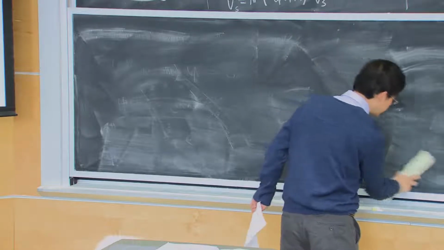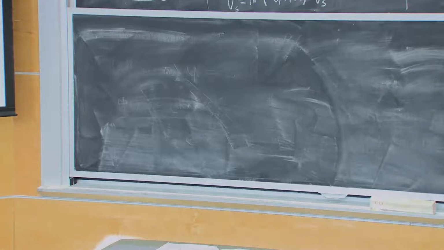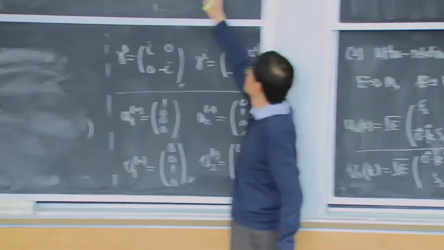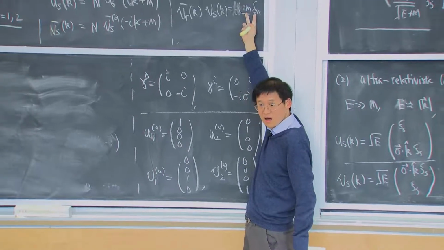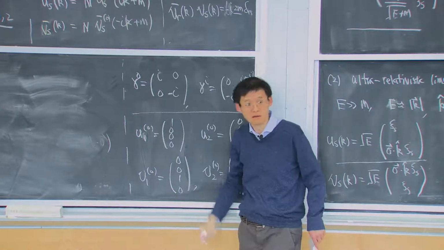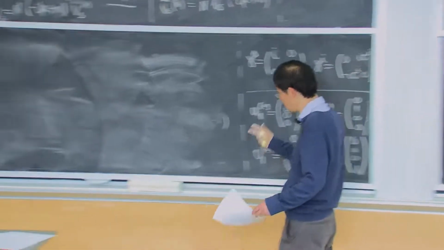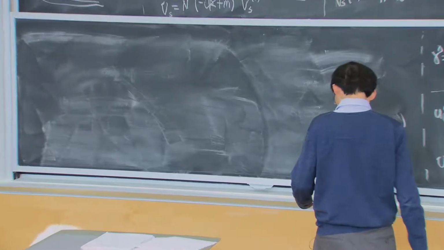Oh, right, I forgot to mention: the reason that the limit is subtle when you do that is because remember the normalization we use here is M. So you have to change your normalization when you go to the massless case. Yeah, so there are various things you have to be careful about. Okay.